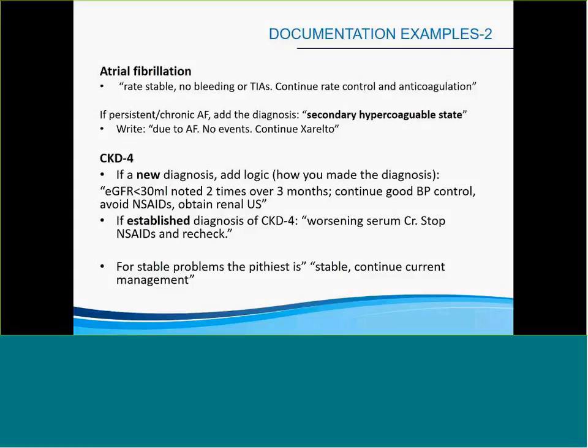You diagnose a CKD4 if your eGFR is less than 30 twice, not just once. With an established diagnosis, you might write worsening serum creatinine, stop NSAIDs and recheck, get ultrasound. And the fifth way to do this, and this is acceptable, is to write stable, continue current management. You do that for all problems if that's really true.